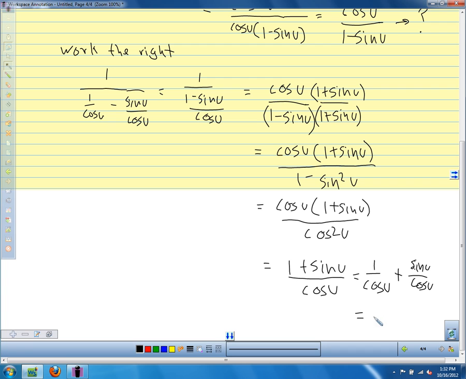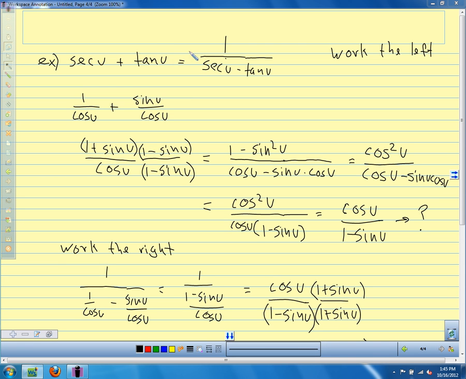And that equals secant u plus tangent u. And that's where we were trying to get. We worked the right side, and we showed that we could get to the left side.